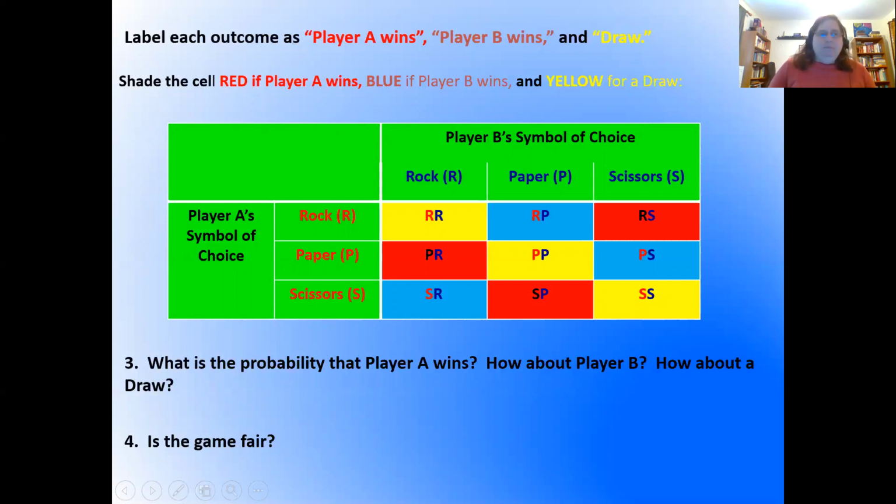How about player B? There we're looking for the blue ones. I also see 3 here, 3 over 9, 1/3, 0.3333. And how about a draw? Yep, I see 3 yellow, 3 over 9, 1/3, 0.3333, repeating.